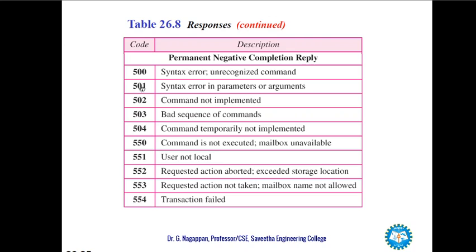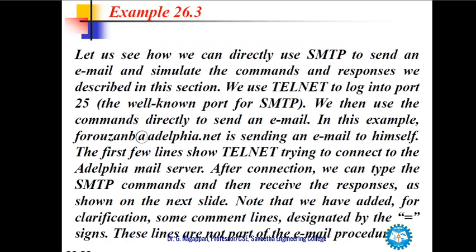So syntax error in the mail and all these things. These are not seen by us while we send it in the GUI, but in case there are some errors, we get user friendly errors, but based on reading these codes, these responses, the user friendly errors are shown to us. Now let us see an example of direct use of SMTP to send email.